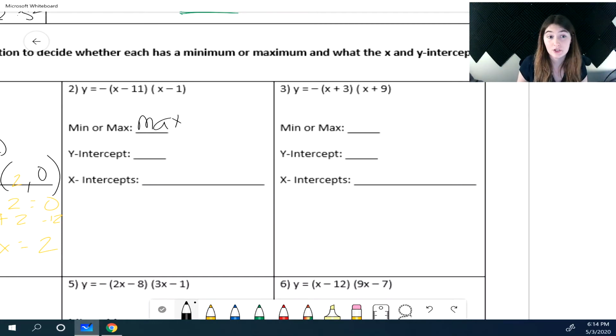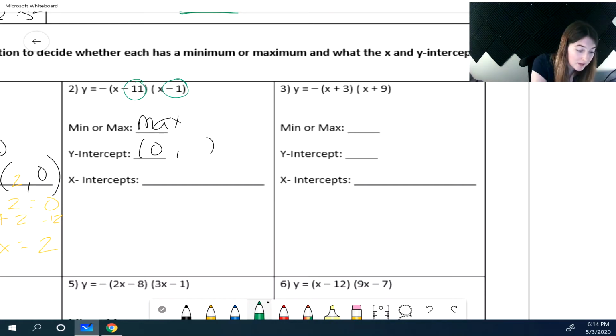Okay, this is where it's tricky. Our y-intercept means x is 0 and y is a number. That y value is negative 11 times negative 1 times the negative in front. So what is that?